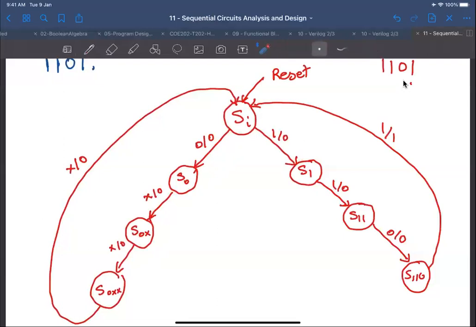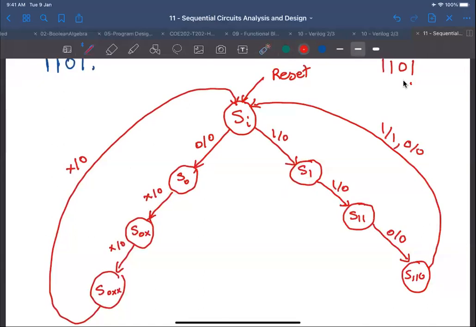However, still here we haven't covered all the outgoing arrows, and here we haven't covered all the outgoing, and here also we haven't covered all the outgoing. So here, let's start with this one. Here we covered the 1. What if we receive a 0? It will go back to initial and output 0. Yes. Excellent. So I have 0/0 here. Did you get that?